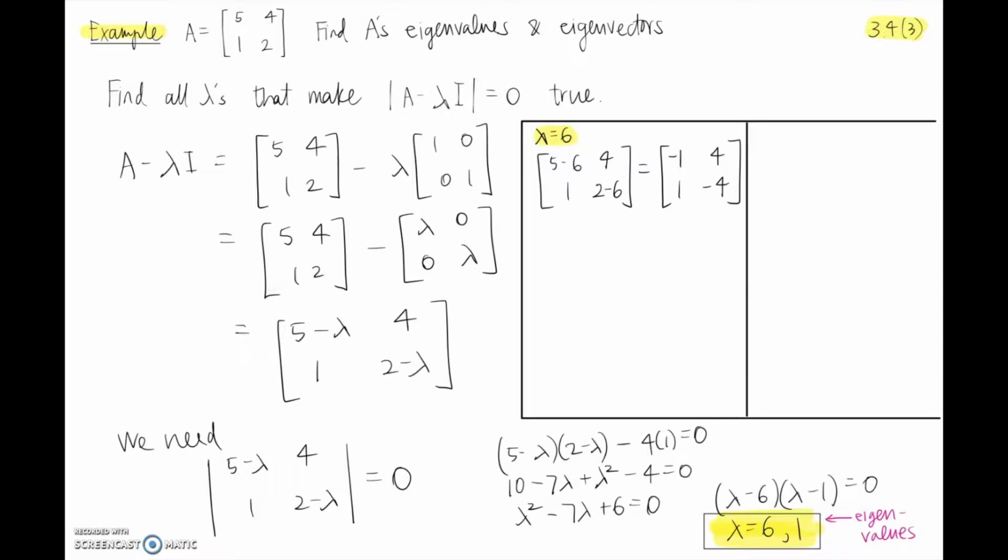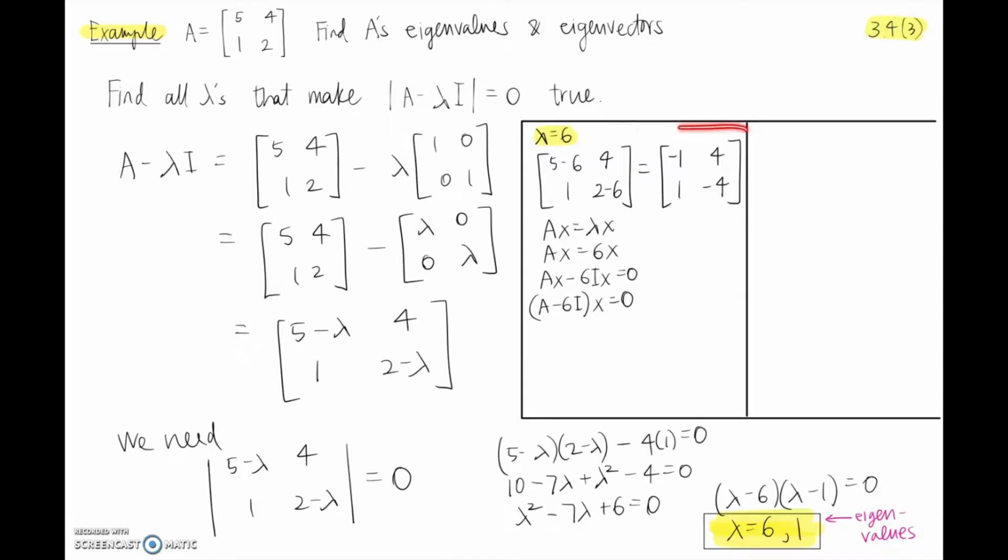We want to find the x where this is true, in this case, where Ax equals 6x. So in a similar way, we can say A minus 6I times x equals 0. So A minus 6 times the identity matrix times this vector x that we're looking for equals 0.